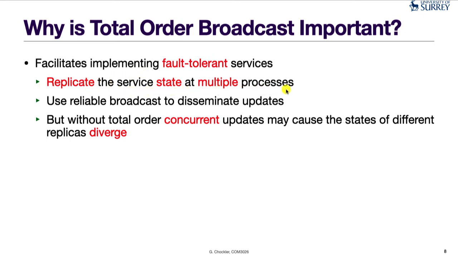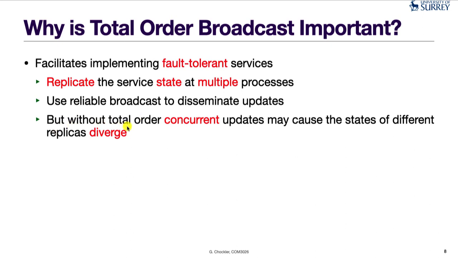or at multiple processes. Once we have done that, we can use a reliable broadcast or one of the variants of reliable broadcast to disseminate updates or requests that manipulate the service state.